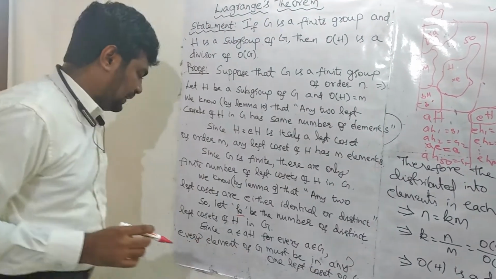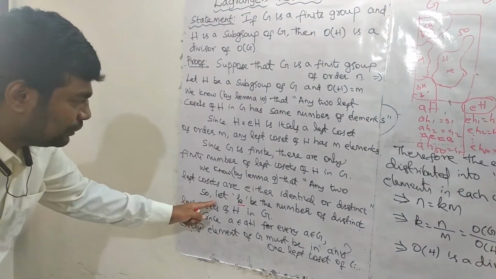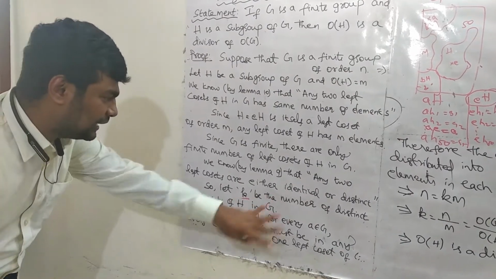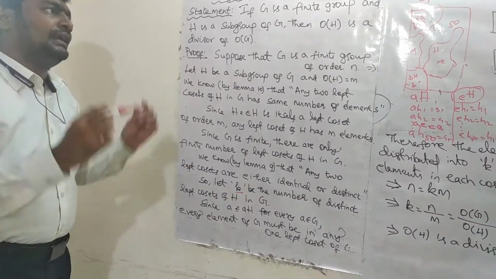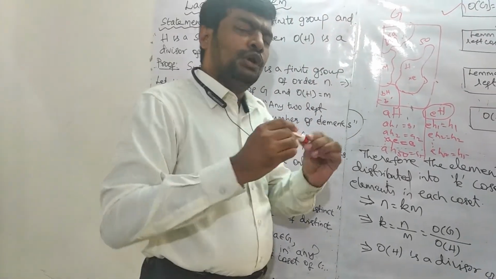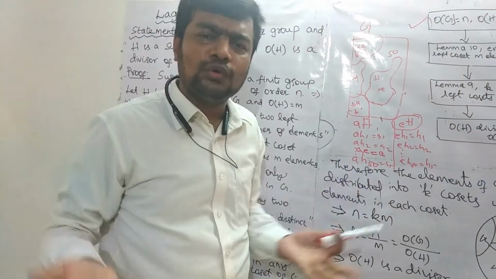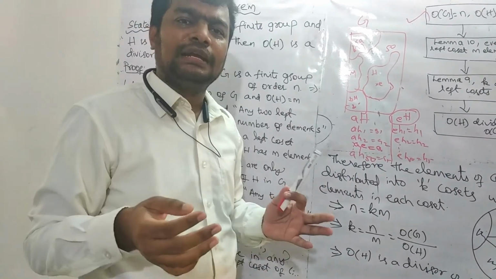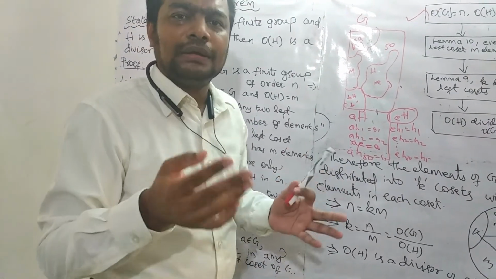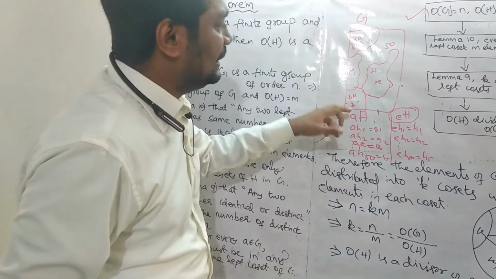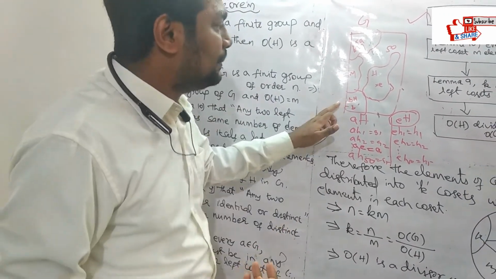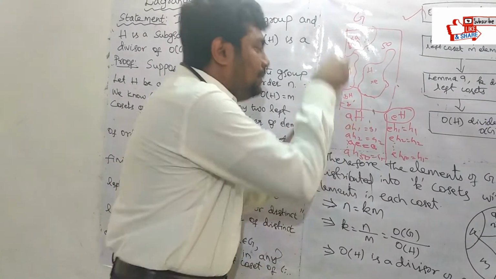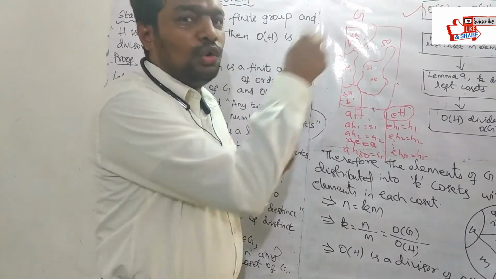Since a belongs to aH for every a belonging to G, every element of G must be in some left coset. G may consist of 1000 elements, and you just generate the left cosets. Suppose this bH has 50 elements. All the elements generated by these 50 elements will be in bH only. It won't go outside.